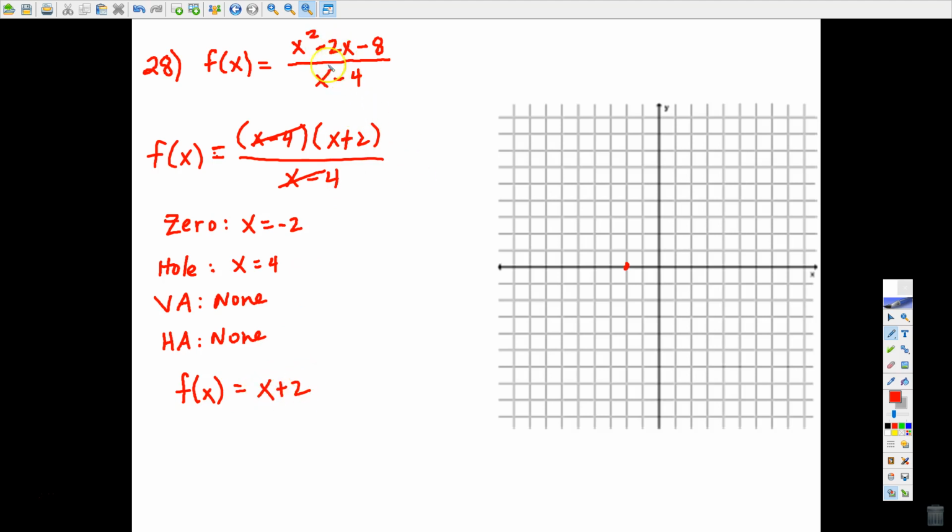So that's why factoring and canceling before you start to actually do the plotting of points is so important. And actually that needs to be done anyway so that you can identify zeros and holes and that kind of thing. So let's graph the line y equals x plus 2 that has a y-intercept of 2 and a slope of 1.